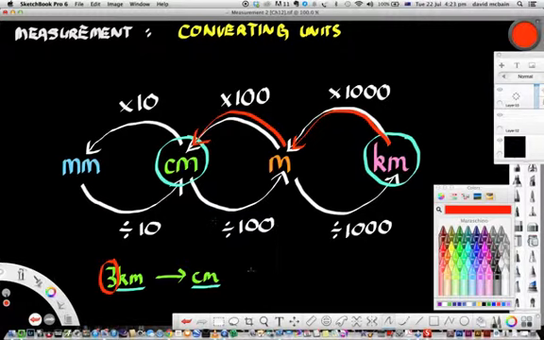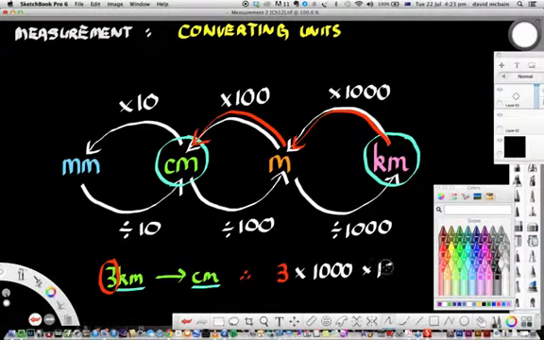So to convert 3 kilometers to centimeters, we're going to go 3, then firstly times by 1,000, and then times by 100. And that will equal 3 with 1, 2, 3, 4, 5 zeros behind it.